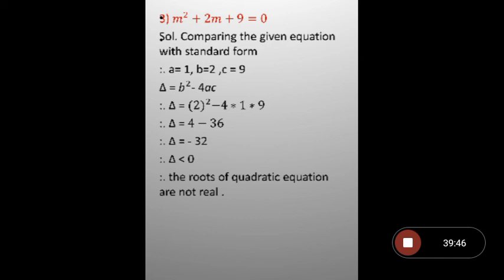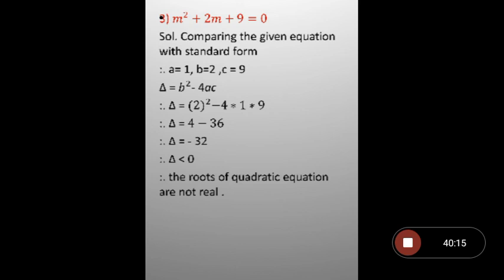Now, the third one. m square plus 2m plus 9 is equal to 0. Again, we have to compare this equation with the standard form. Value of a is 1, value of b is 2, and value of c is 9. We have to find the value of delta is equal to b square minus 4ac. Substituting the values of a, b, c, 2 square minus 4 into 1 into 9.